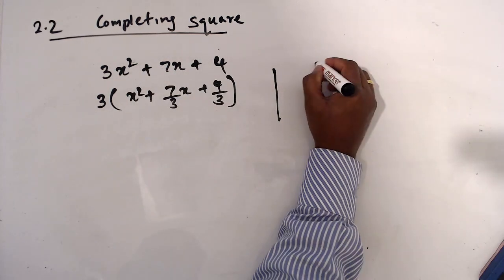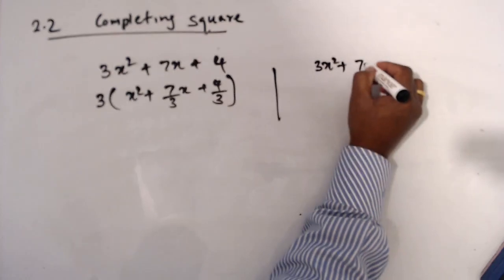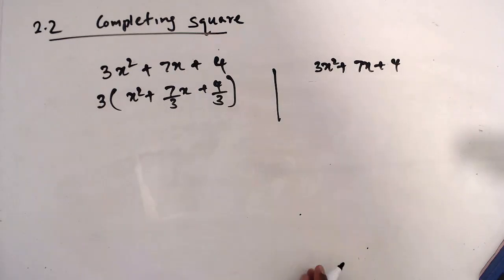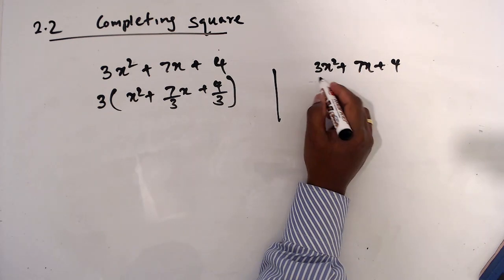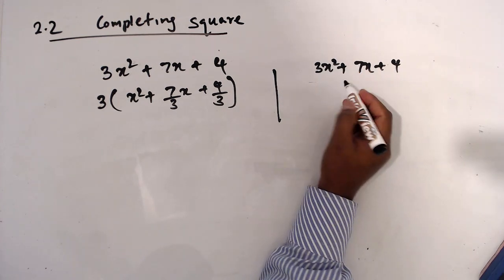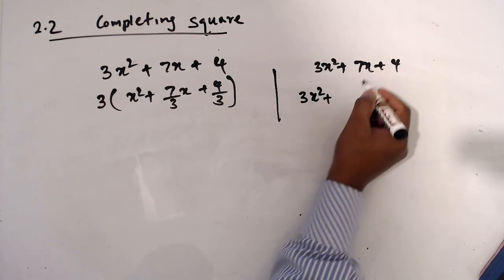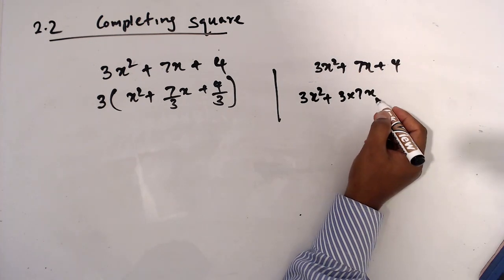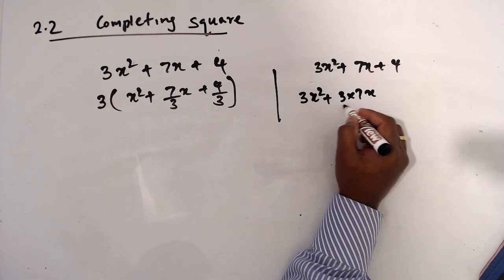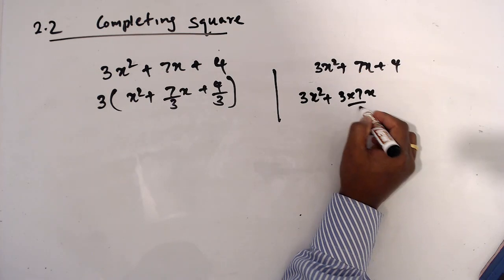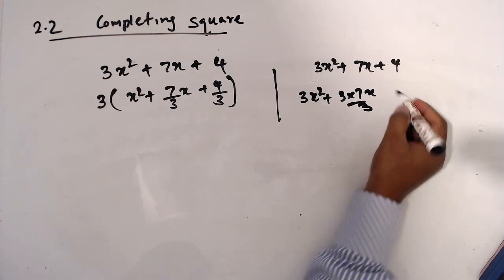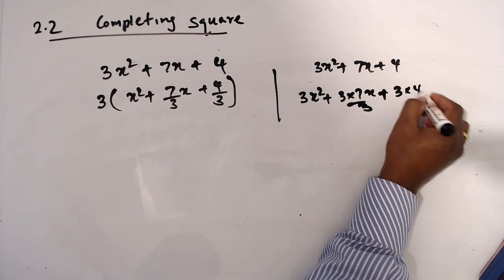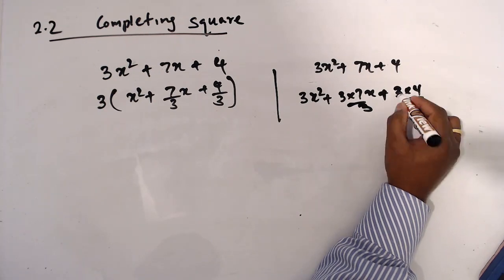Now I have 3x square plus 7x plus 4. Now I want to take 3 out from here. I can take 3 out from the first two, there's no problem. But in here there is no 3. Then I put in 3 by my hand, and when I put it by hand, I have to divide to cancel out.